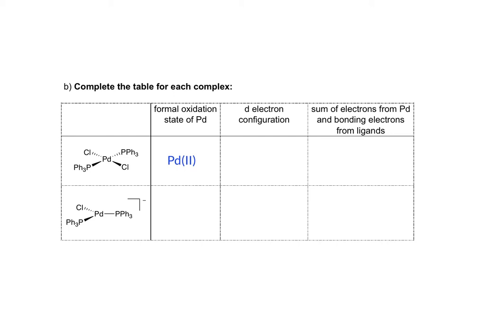Palladium, as a group 10 metal in the +2 oxidation state, has 8 d electrons, so the valence electron count associated with palladium is 16 electrons: 8 d electrons plus 4 2-electron donor ligands.